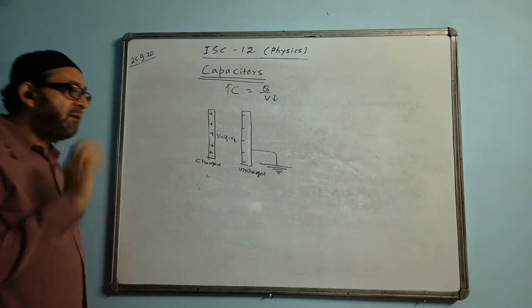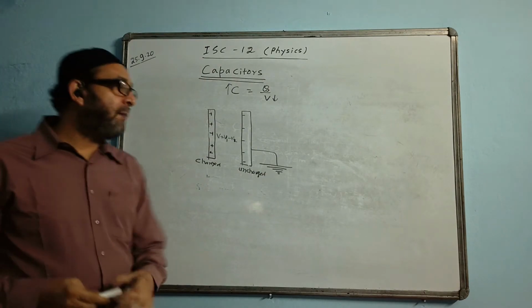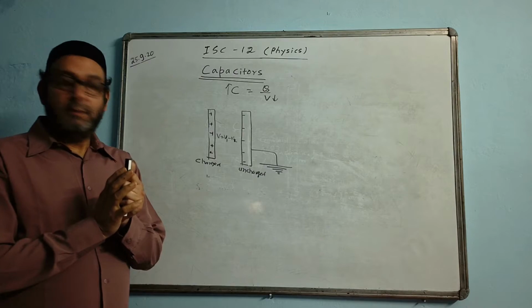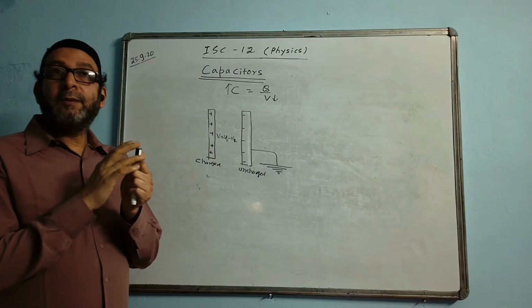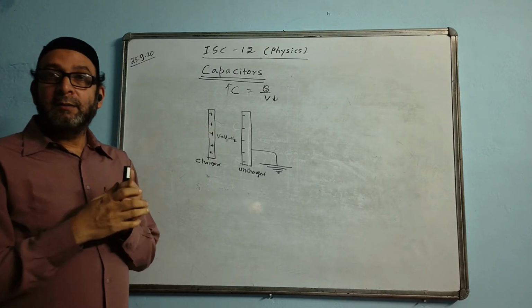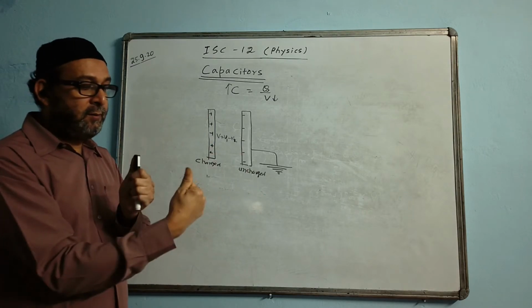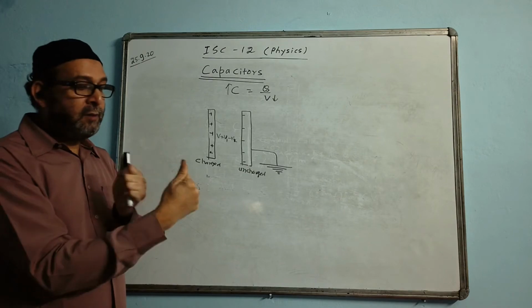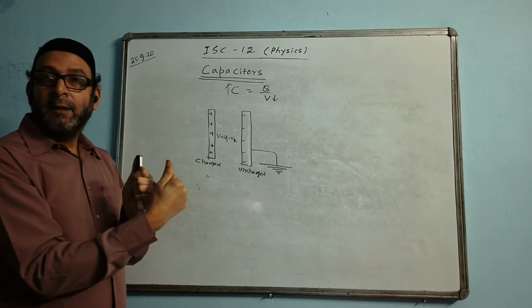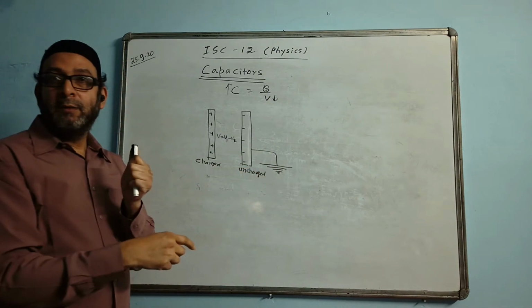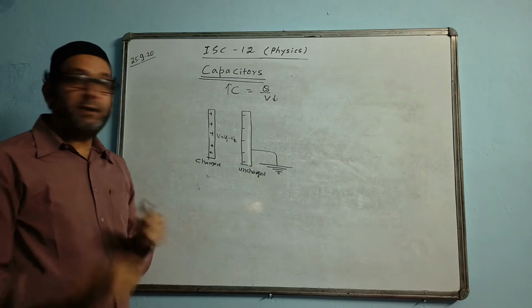So in summary, to make a capacitor, we'll take a charged conductor and an uncharged conductor, and the uncharged conductor we will bring close to the charged one, not in contact but nearby, and the outer portion of the uncharged conductor will be earthed.